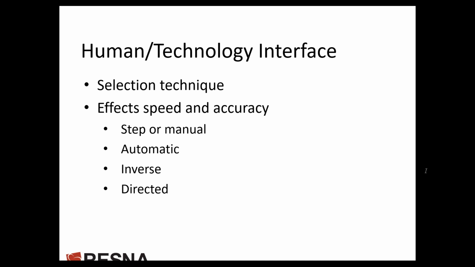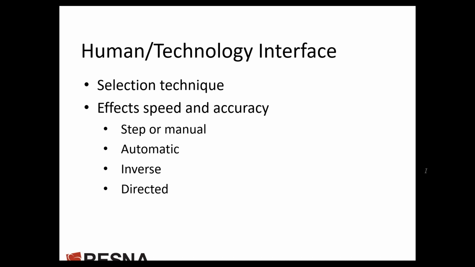To select an item, the AAC user hits a second switch once the indicator reaches the desired item. Because of the constant switch activation, this method might be too fatiguing for certain individuals, thinking about ALS, for example. But step or manual is easier cognitively to understand.